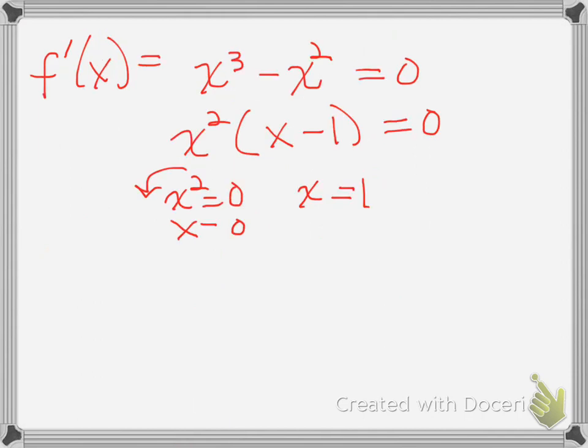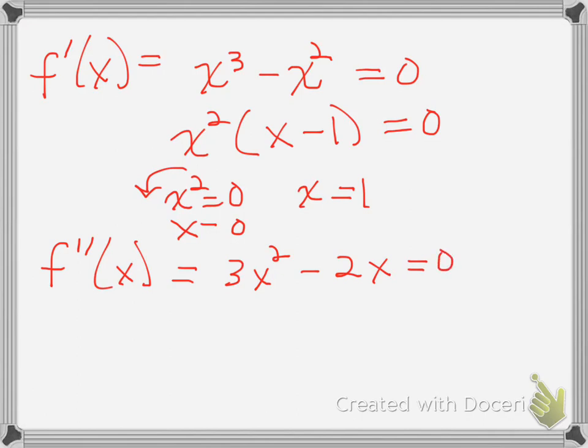Okay, let's take the second derivative too to give me information about the inflection point. So looking at your f prime of x, I'm going to get 3x squared minus 2x. So setting that equal to 0 is going to give me the inflection points. So let's see what we're going to get.